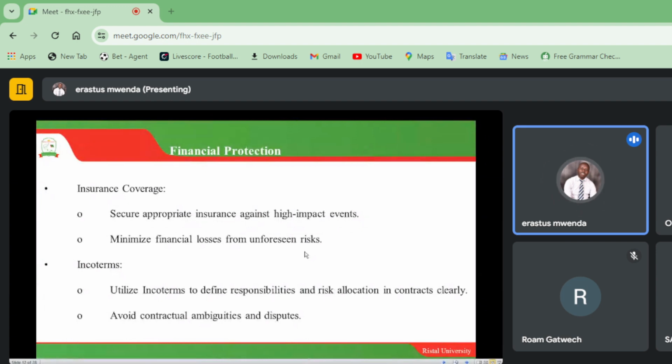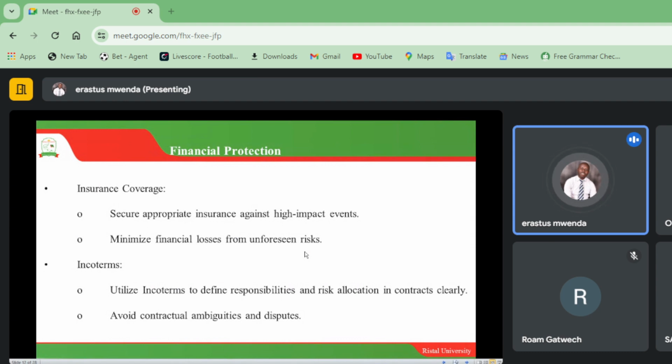Number one, we can have insurance coverage. So you need to secure an appropriate insurance against high impact events. I'm sure there are negotiations or discussions that insurance companies can take you through, so that in case of anything, you do not lose the entirety of your goods. You can imagine there are business items that maybe you're coming to sell, and then something happens.